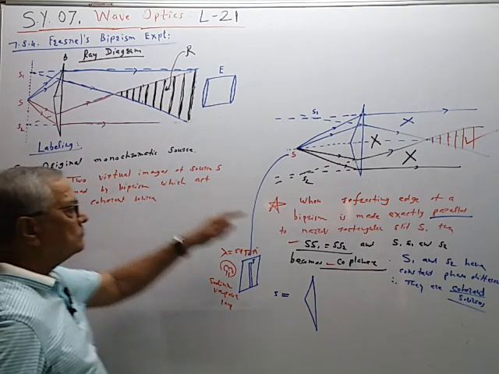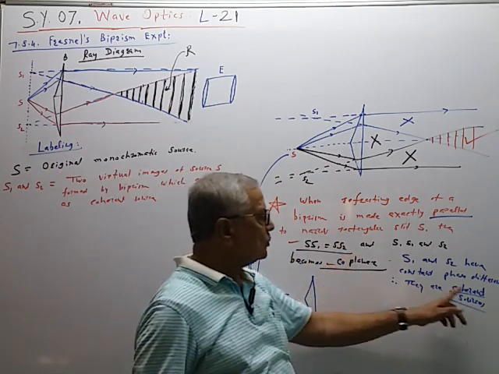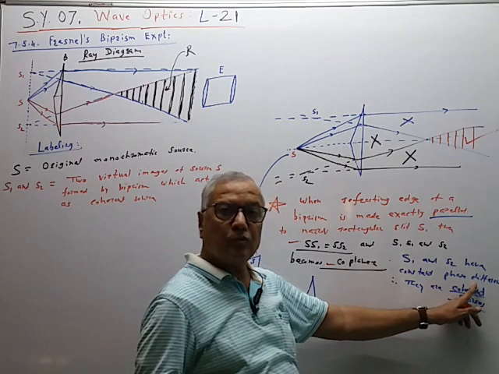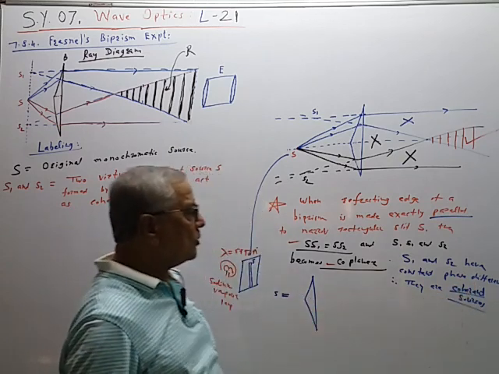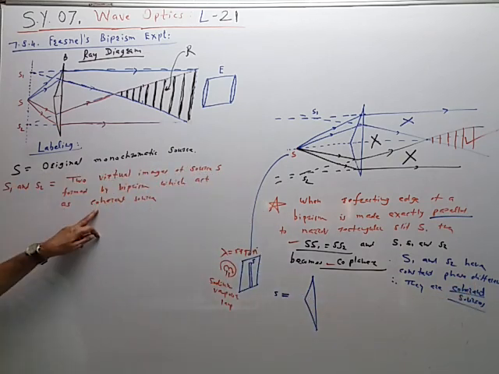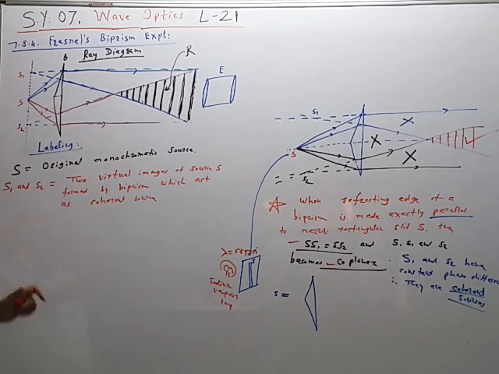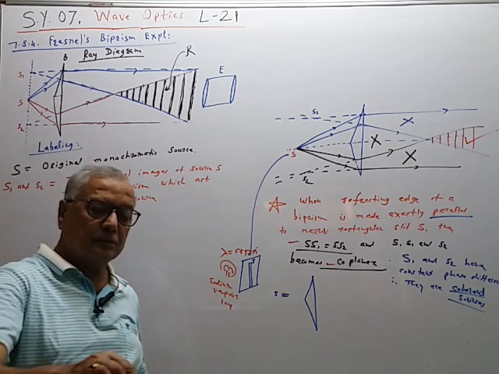In this case, if the distance S1 is equal to distance S2, then phase difference is constant and it is equal to 0. So condition of constant phase difference is satisfied and therefore they behave as the coherent sources.